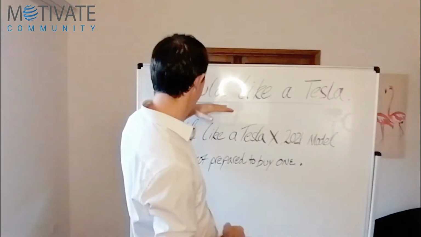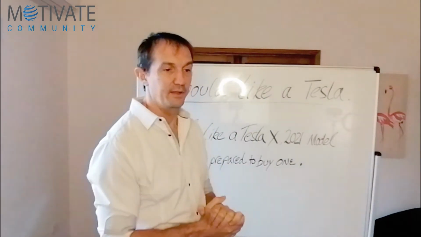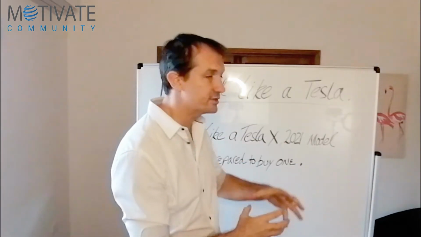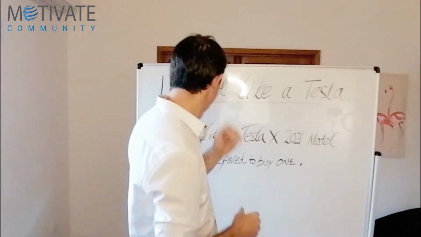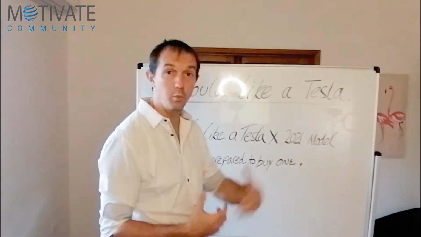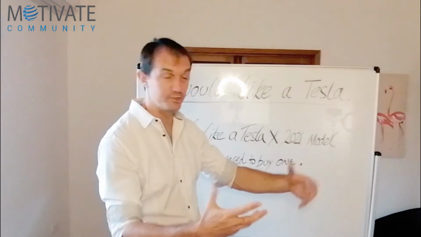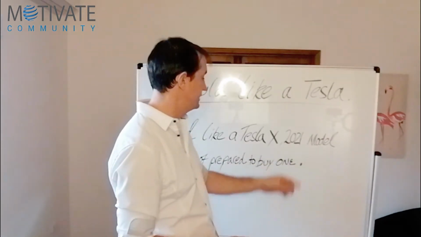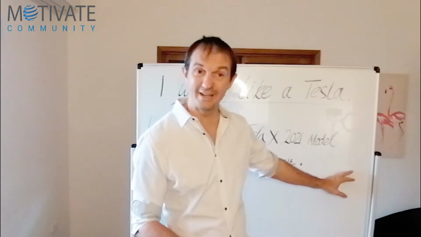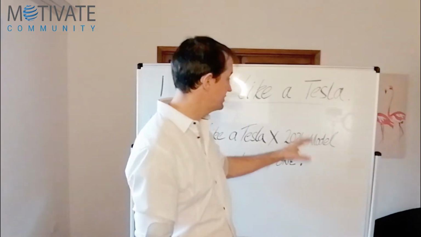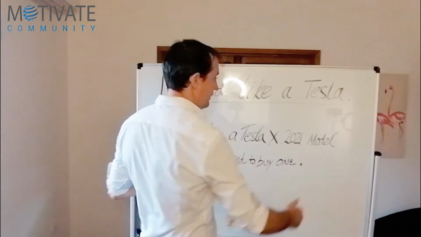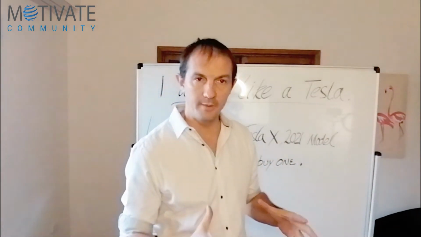So the short expression, I would like a Tesla, has information deleted, and I've started to expand it. I would like a Tesla X, a real one, 2021 model, a white one, but I'm not prepared to buy one. And I can expand that even more. I'm not prepared to buy one yet. Yet, I could add a time to it. So even when we take something and expand it out, it's still missing information.